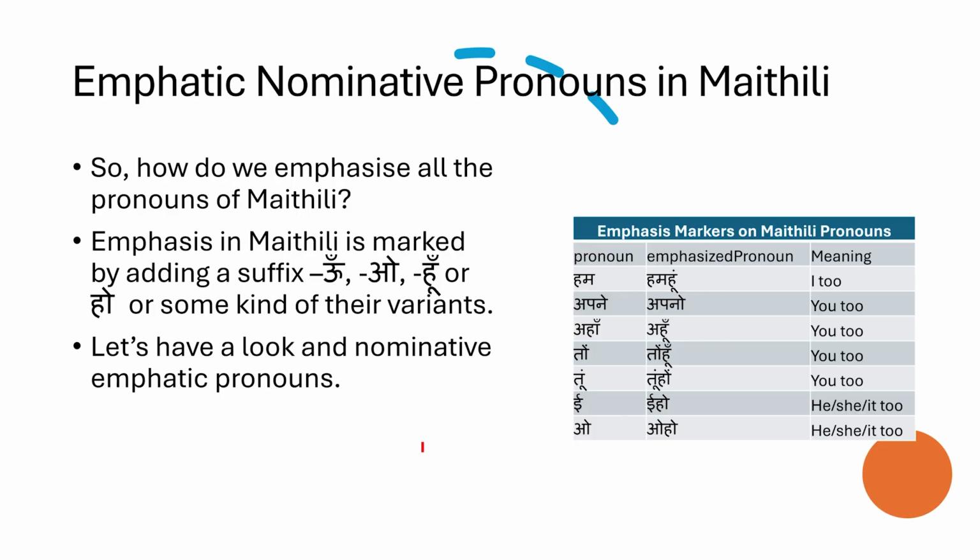So here you see, hum is the first person nominative pronoun and humhu is the emphatic form of it. So apne and apno, aha and ahu, to and tohu, tu and tuho, e and iho, and o and oho. So these are the nominative as well as the corresponding emphatic pronouns of Maithili.